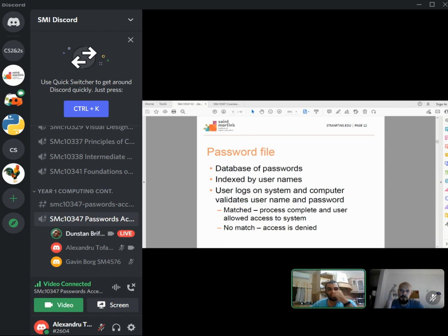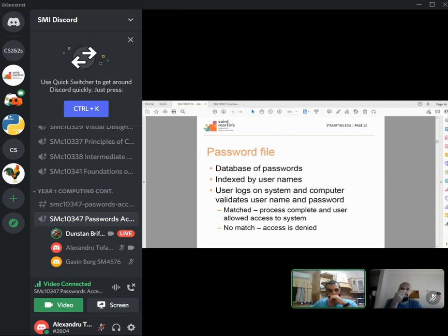So your operating system or whatever system you're logging into will have a database where you have the passwords. The password should be indexed in some form, like to a username most of the time. This again is not what we are meant to have today. This is just the general concept.